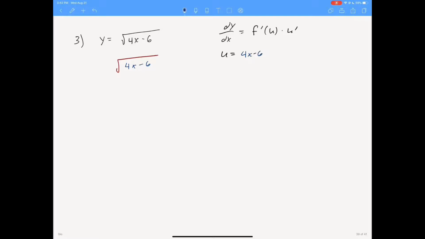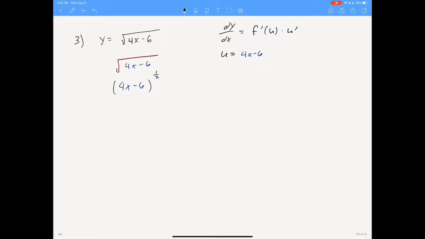And now let's just follow the format of the formula. So f prime of u, so let's take the derivative as if it wasn't anything important inside. So let's just rewrite the radical as raised to 1/2.